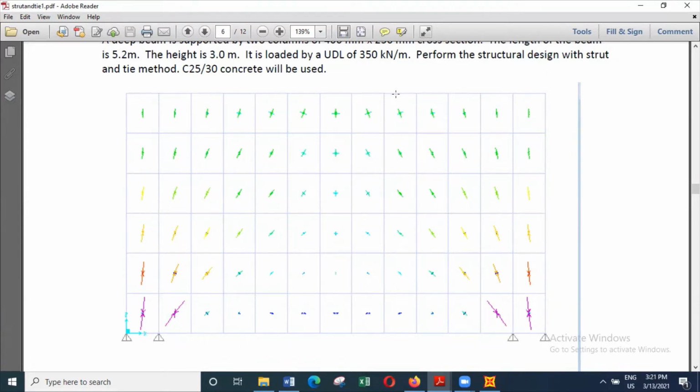So what actually happens is, in a deep beam, generally you'll find that the lever arm is about 0.7 times the effective depth. So initially the loads will be transferred vertically, and halfway through they will start being transferred over to the supports as inclined forces.